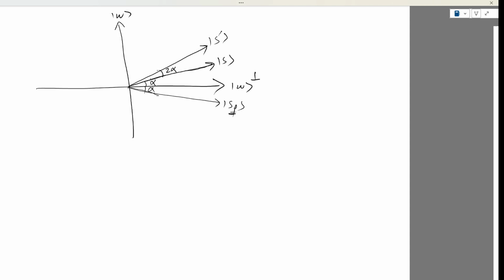And after the second application, S prime was reflected again. UF always reflects around omega perpendicular. So this angle is 2 alpha plus alpha, so it came here, this SF prime.